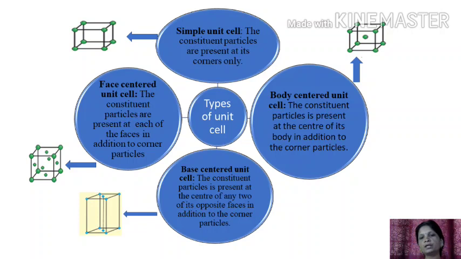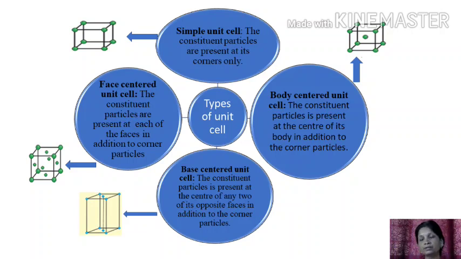The constituent particle is present at the center of any two opposite faces in addition to corner particles. So two bases are there, upward and downward. This is called base-centered unit cell.